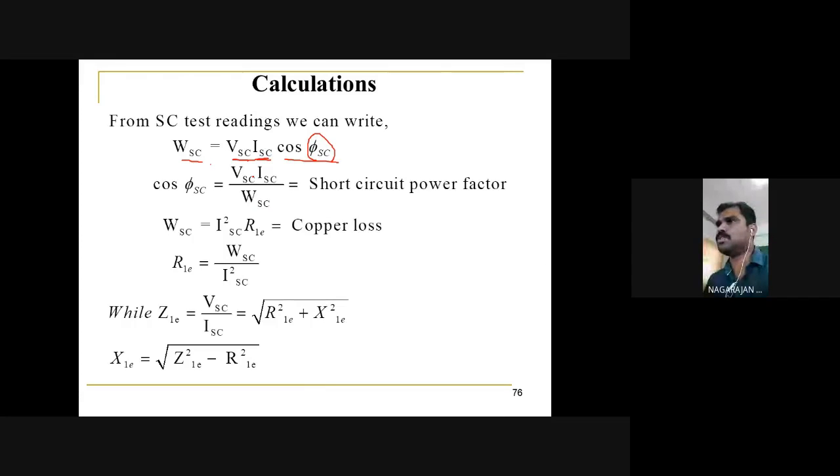The equation is wrong here. So cos phi SC is given as WSC divided by VSC into ISC. Okay, I'll rewrite this equation.